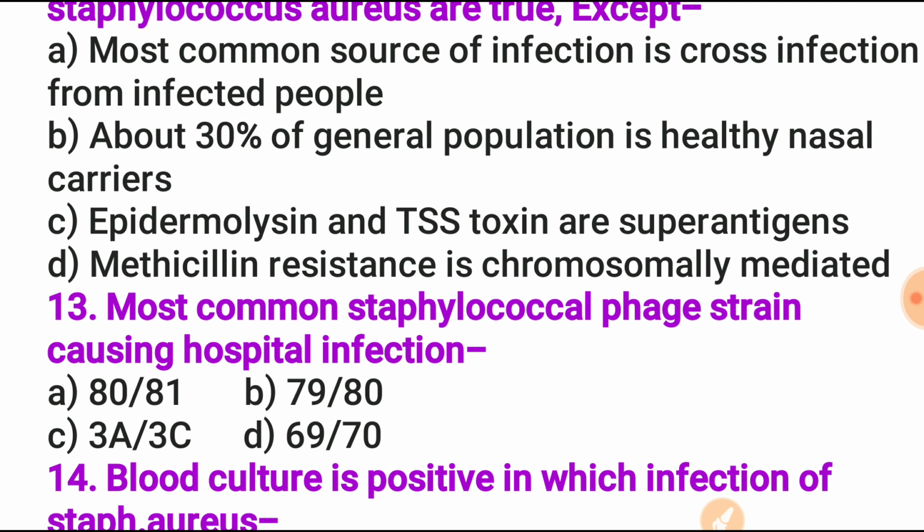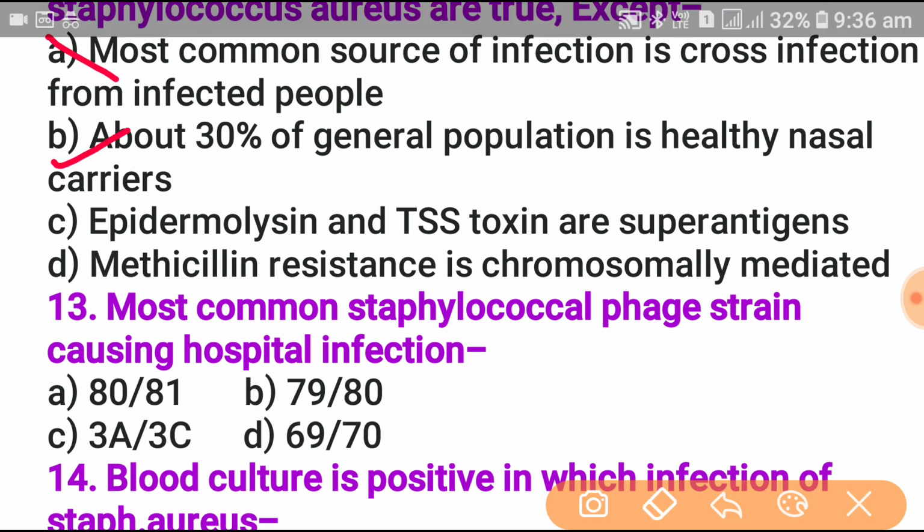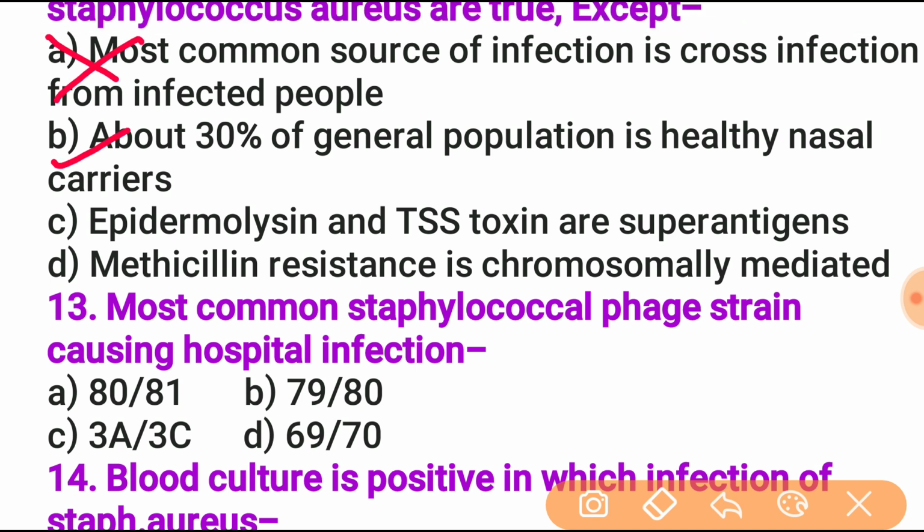And 30% of the general population are nasal carriers and 10% carry it on perineal skin. So the second option is also right. First is wrong. Exfoliative toxin and toxic shock syndrome toxin are superantigens.